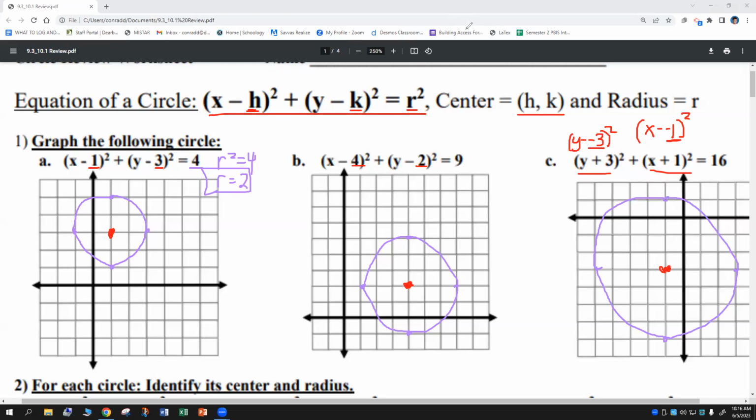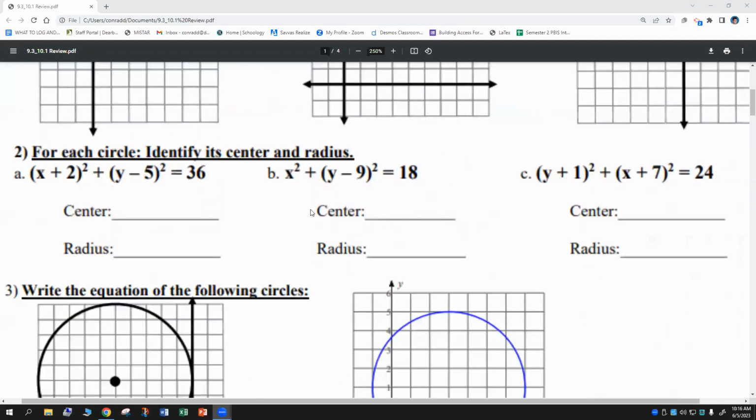All right, number 2 should be even easier because they don't want you to graph it. They just want you to find the radius and the center. So the center of this one should be (-2, 5), minus -2 and then -5, and then your radius is the square root of 36, which is 6.